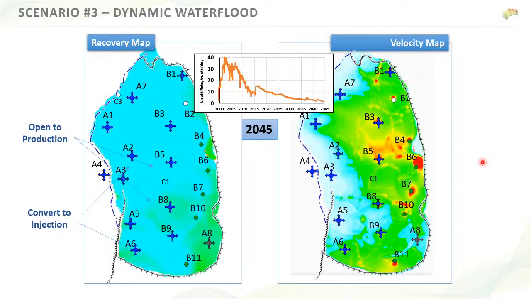When we go to 2045, we see that we've had very good recovery over most of the field, just a few areas which still have oil left. And we've managed to push up the recovery factor to about 62%.